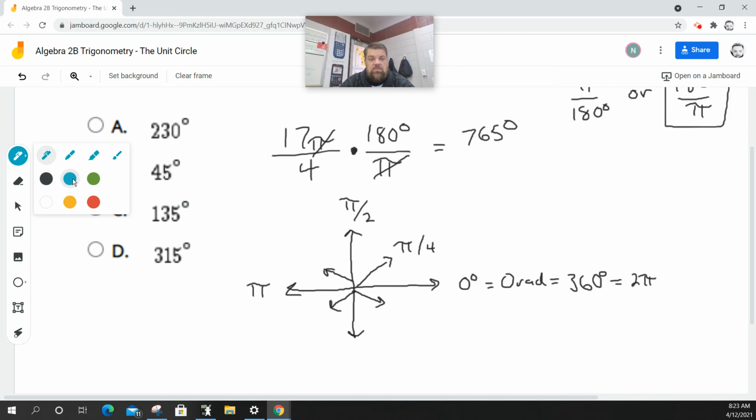So one way you could do this is you could just count, right? And this is 3 pi over 2. So this is like 2 pi over 4. This would be like 3 pi over 4.